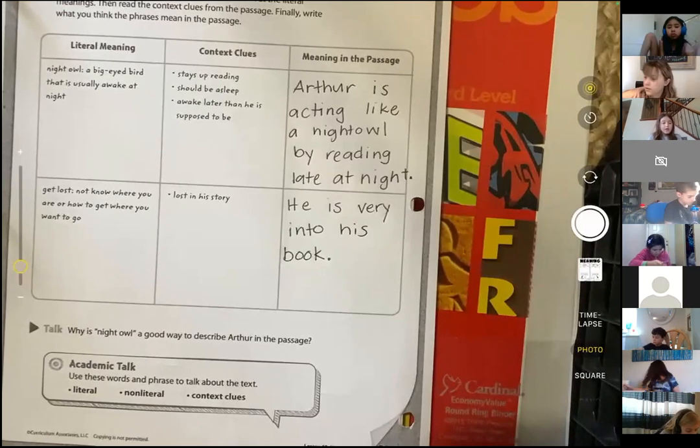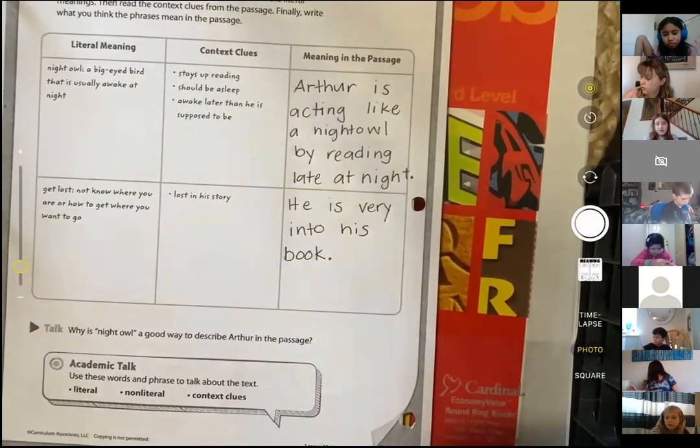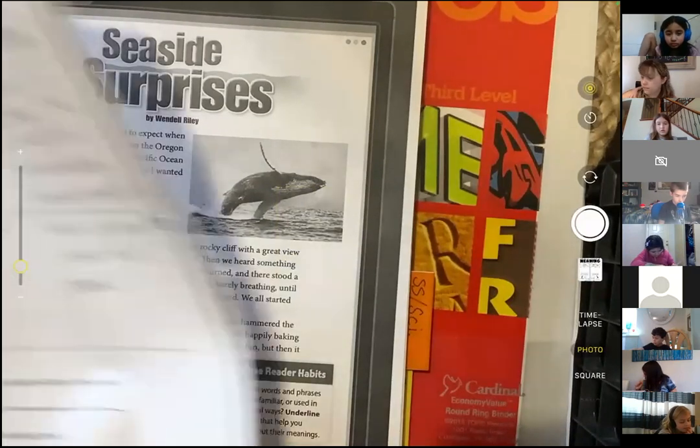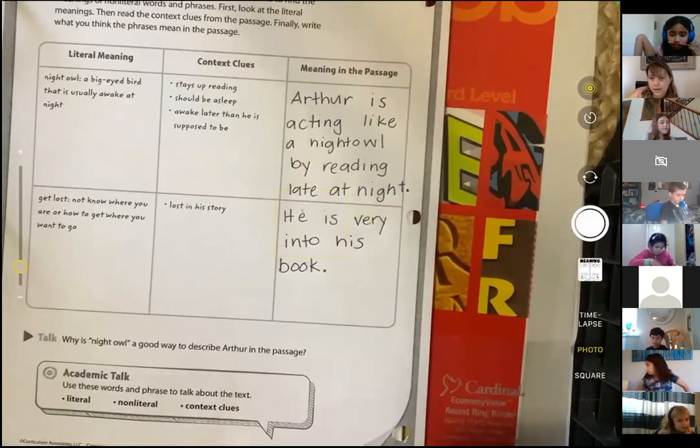All right, once you have these two boxes filled, you can go ahead and go to the next page, which is this story. Okay, we're going to read that next.